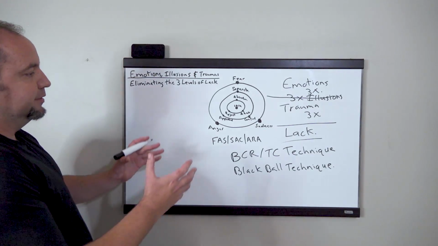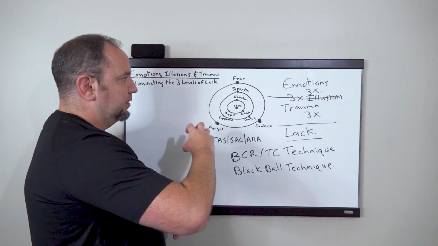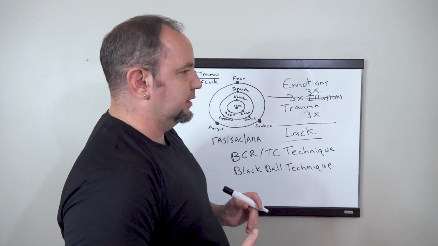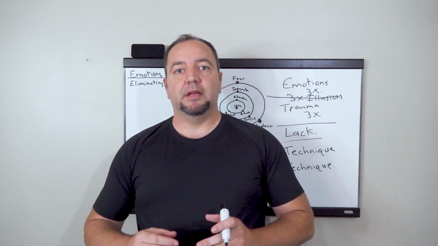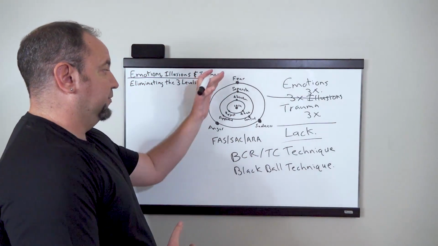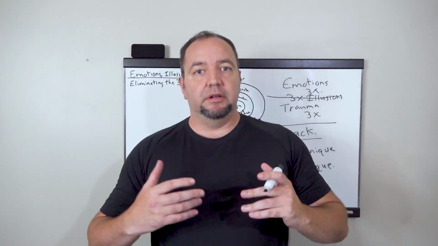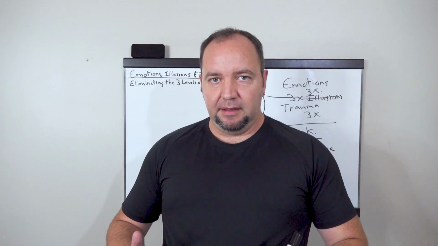So we're using some of these techniques to help us dig out of these emotional states that we get into. When we're looking at fear, anger, and sadness, that's where we start off when we're using the BCR and the TC technique.